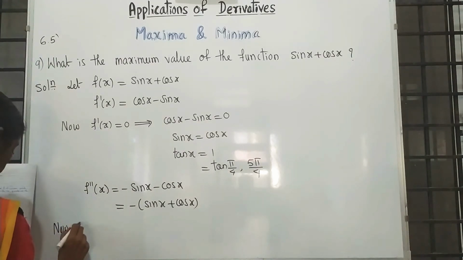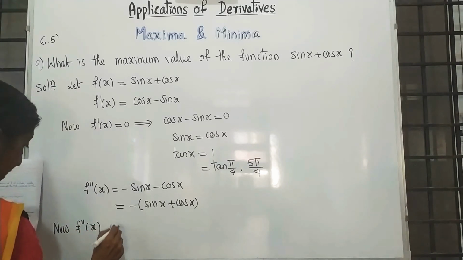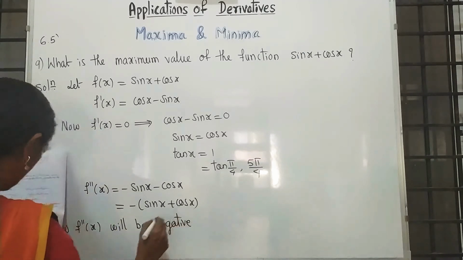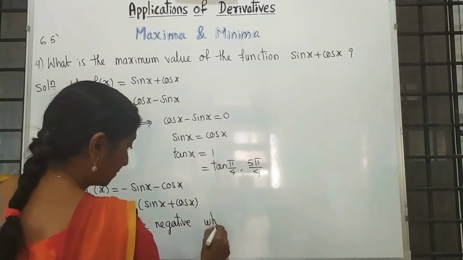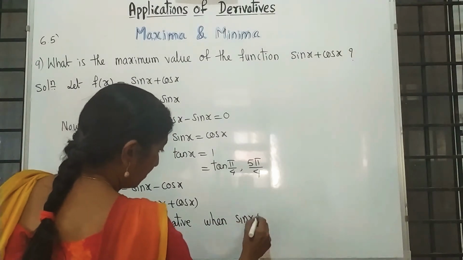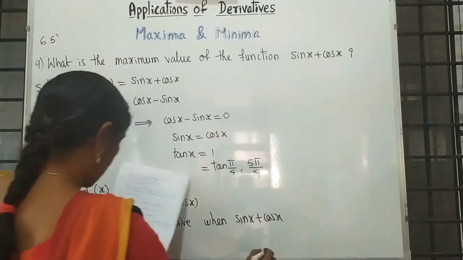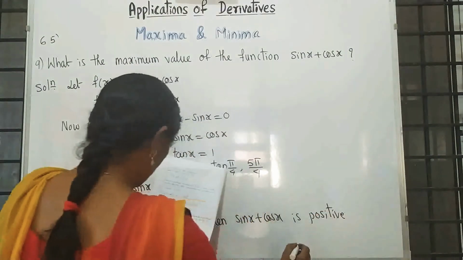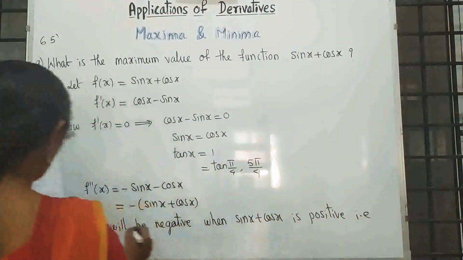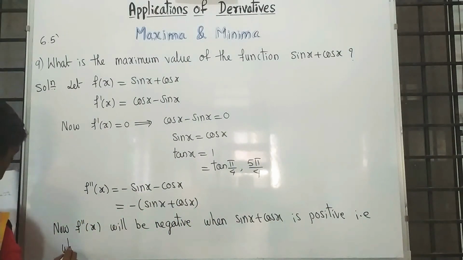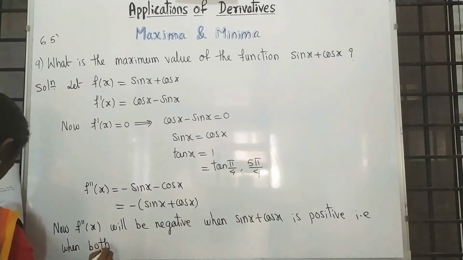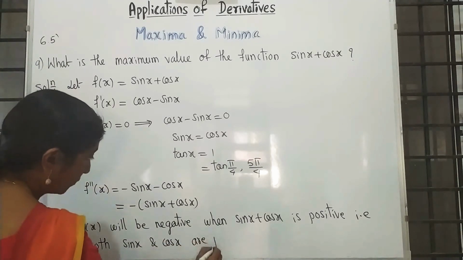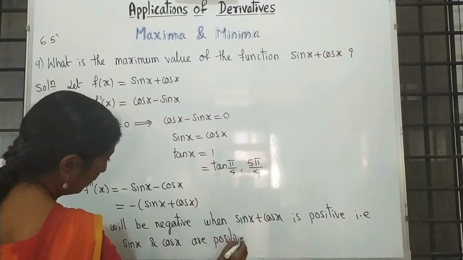Now f double dash x will be negative when sin x plus cos x is positive. That is, when both sin x and cos x are positive, and they are positive only in the first quadrant.